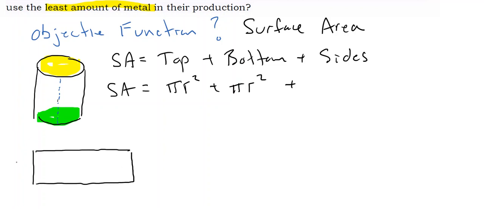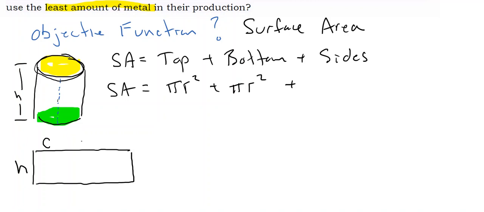The height of this would be the height of the can, and the length of this sheet of metal would be the circumference of the can, or the distance around the can.